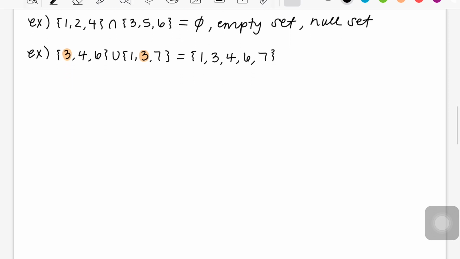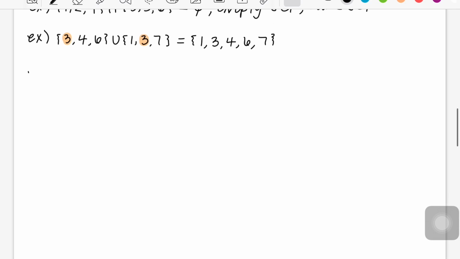And what we want to look at is using intersection or union with our interval notation. So we'll look at the following example. Okay, so we have the union of two intervals. And so what we're going to do first is draw two number lines here, like we were doing in the beginning of this video.